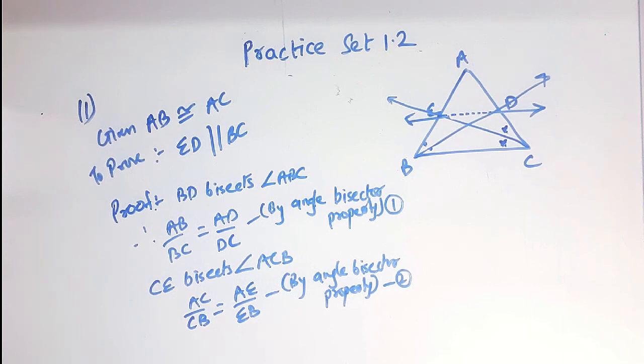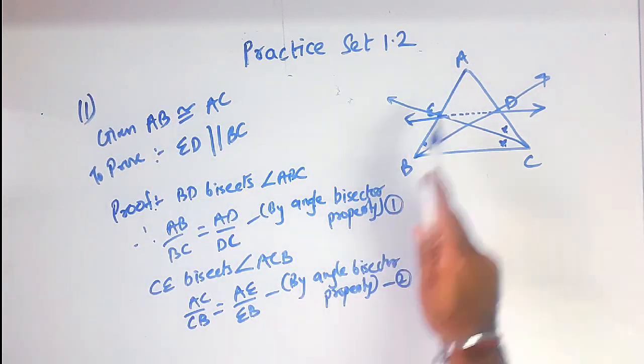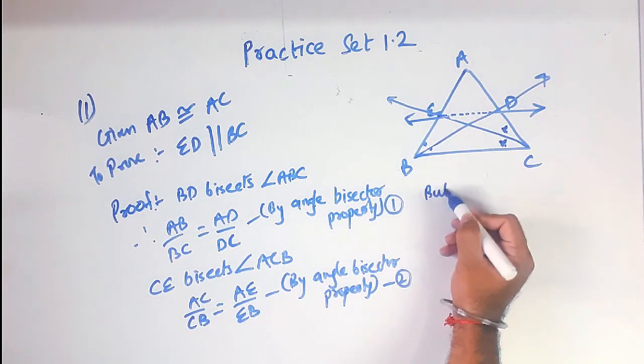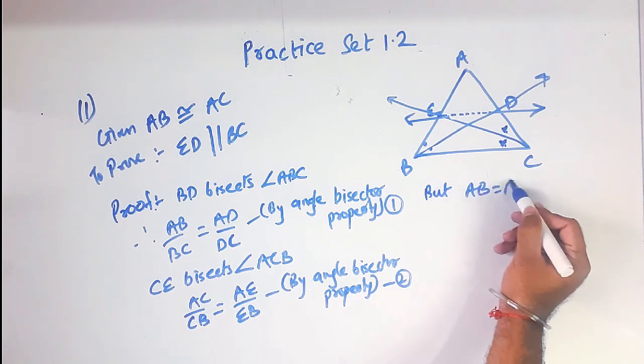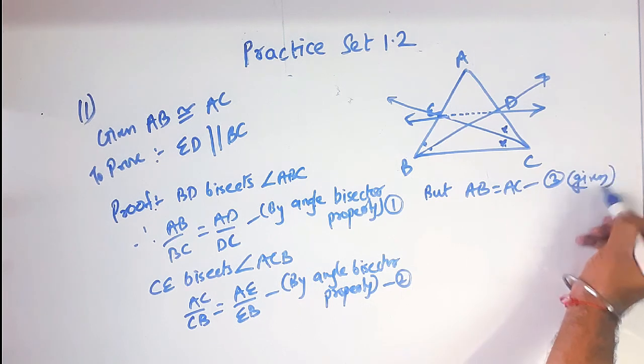Just look at the LHS. LHS says AB upon BC, and here it is AC upon again BC. The denominators are the same, BC and BC. Are the numerators the same, AB and AC? They are actually equal. So I'll write AB is equal to AC. Point number 3, this is given.